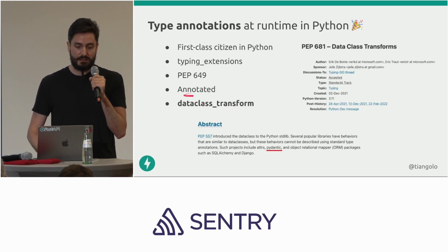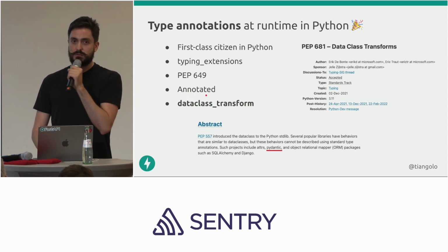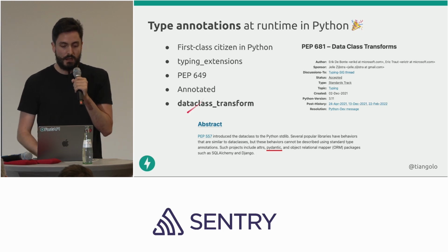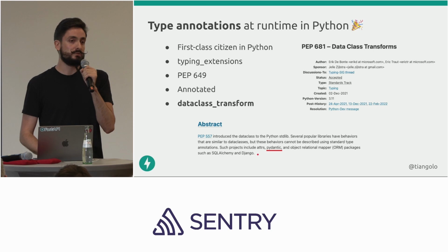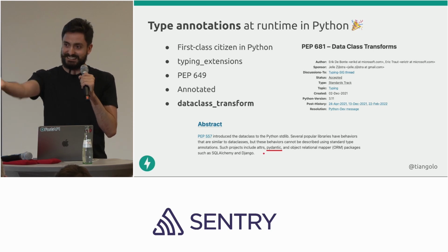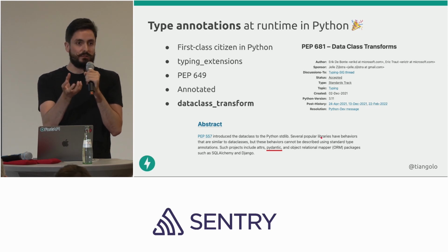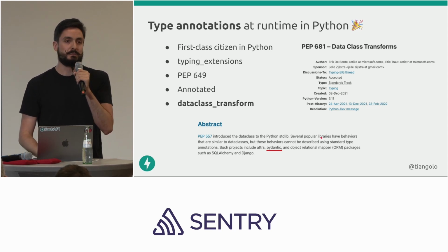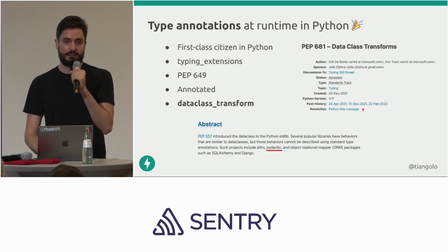We also have Annotated that we can use for very cool things. If you check the FastAPI docs or Typer docs, now everything is using Annotated. We also have dataclass_transform, which was made to help and support things like attrs, which we have here, or Pydantic, and a bunch of other tools that use type annotations and use this information in smart ways that go a little beyond just checking that the type is correct.